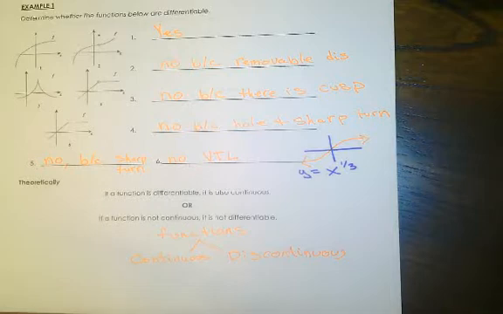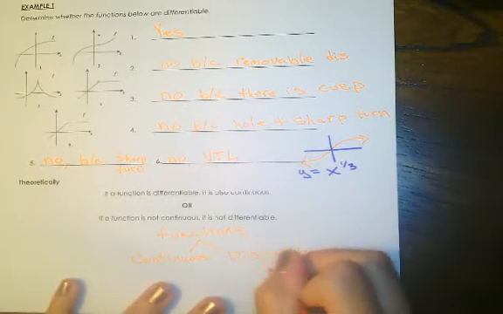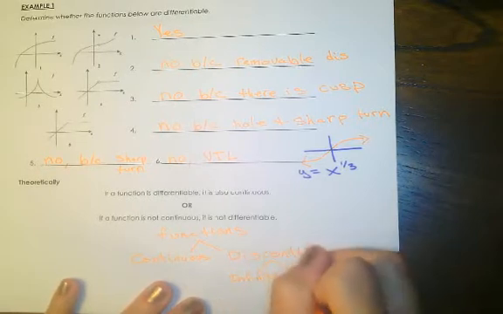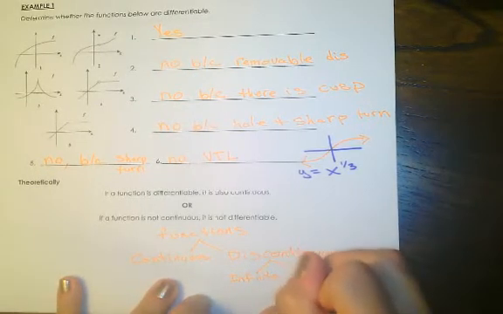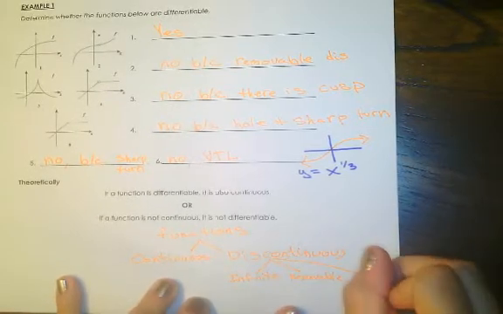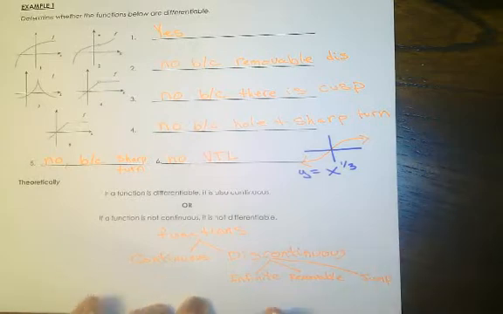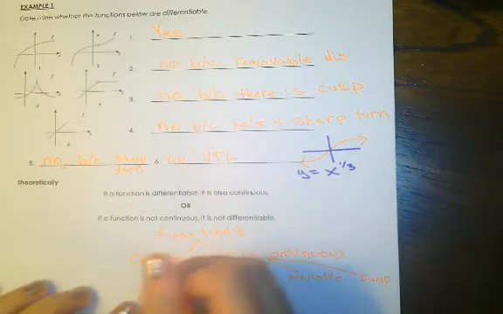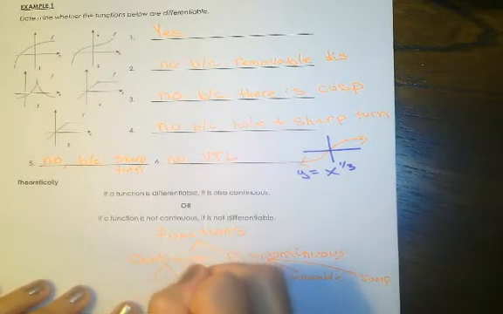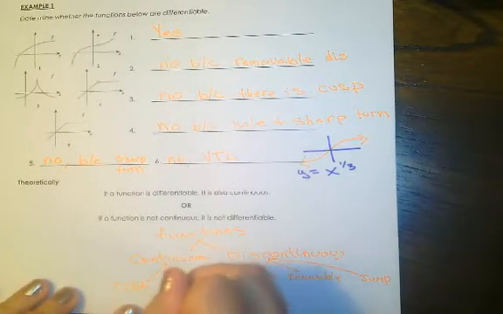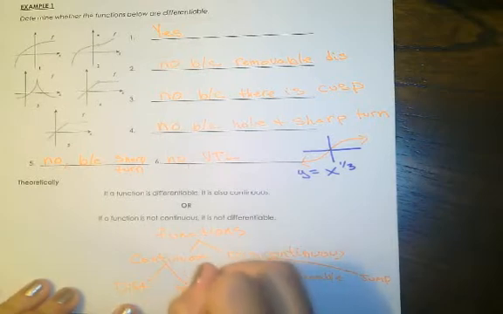Within discontinuous, the types of discontinuities are infinite, holes or removable, and then jumps, where the limit from the left doesn't equal the limit from the right, in one-sided limits, things like that. Then within continuous functions, there's differentiable and non-differentiable.